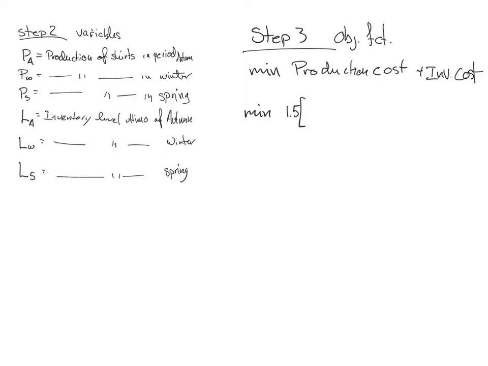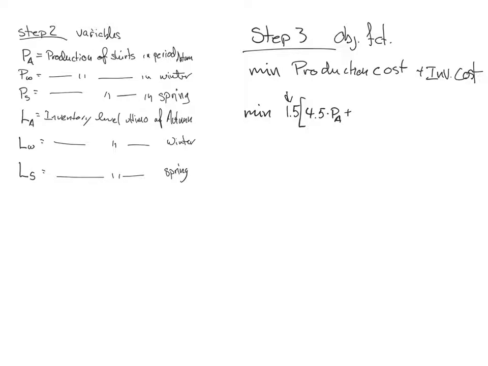And then we know that producing a shirt in the autumn costs us $4.5. So we say 4.5 times the production in the autumn, and then finally we multiply by the number of hours we need to use here.